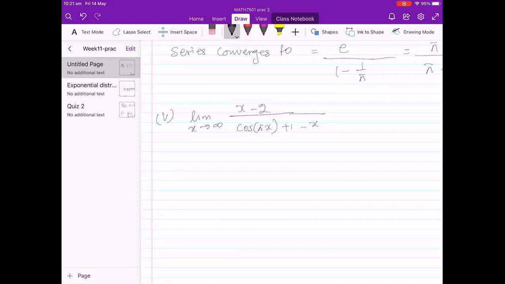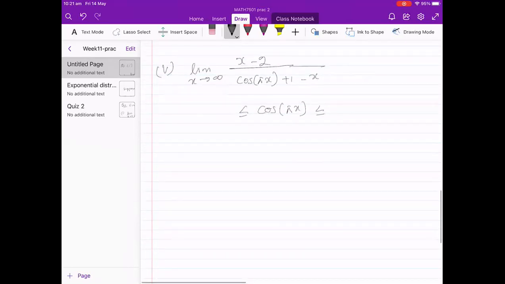Squeeze theorem. You might want to start with cos of pi x. What are the bounds? What are these bounds?